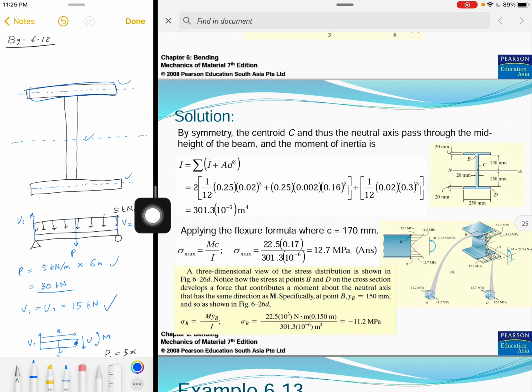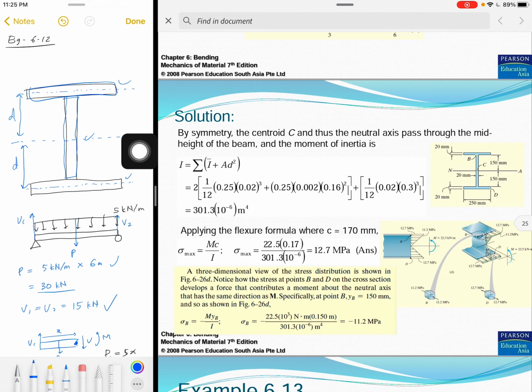D is the distance between the centroid and the neutral axis. This one is also similar, but for the middle rectangle, you don't have to add the AD square, because the center of the area is aligned with the neutral axis.